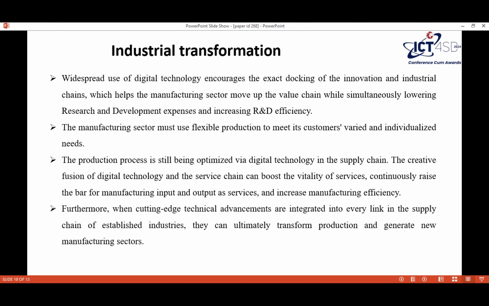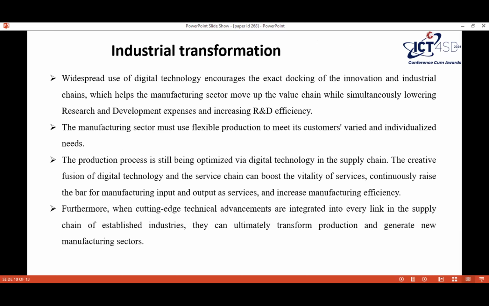This is the digital industrial transformation. The widespread of digital technology encourages the doctrine of the innovation and industrial chain, which helps the manufacturing sector move up the value chain while simultaneously lowering research and development expenses and increasing research and development efficiency.